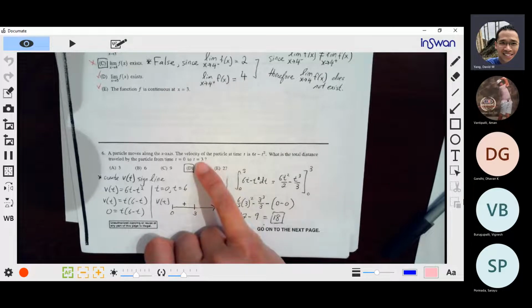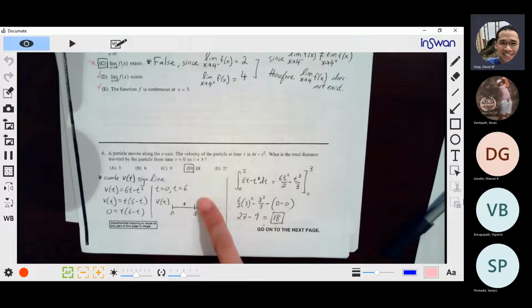Well, the nice thing is that between 0 and 3, there's no change in direction. So as soon as we find the integral from 0 to 3, that is going to be the distance traveled, because there's not going to be any back and forth movement or change in direction between 0 and 3. We know from 0 to 3, our object is just moving to the right.